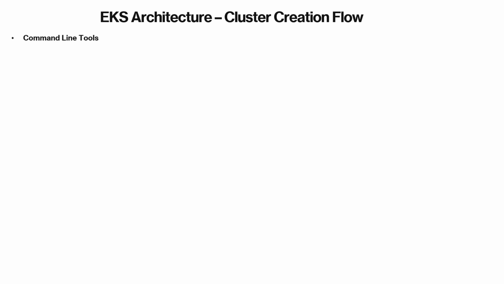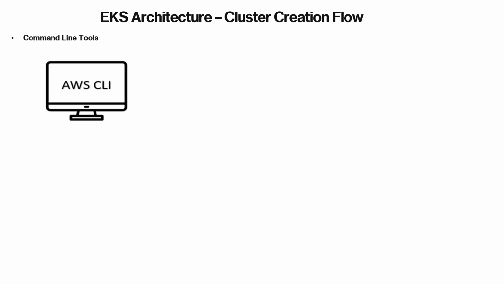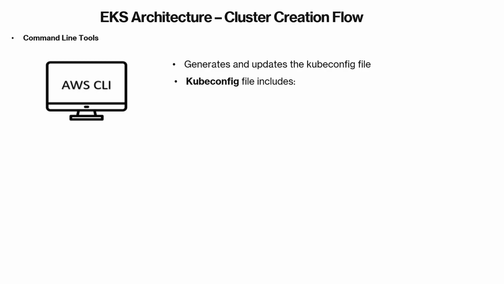Next, we install the AWS CLI. It helps us generate the kubeconfig file. The file contains everything kubectl needs to connect to the cluster, including the API endpoint, authentication settings, and certificates.